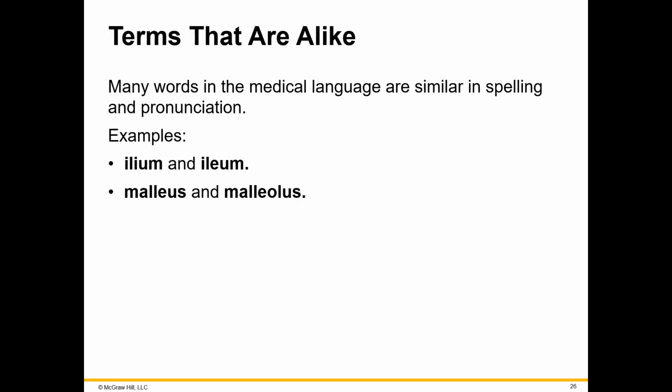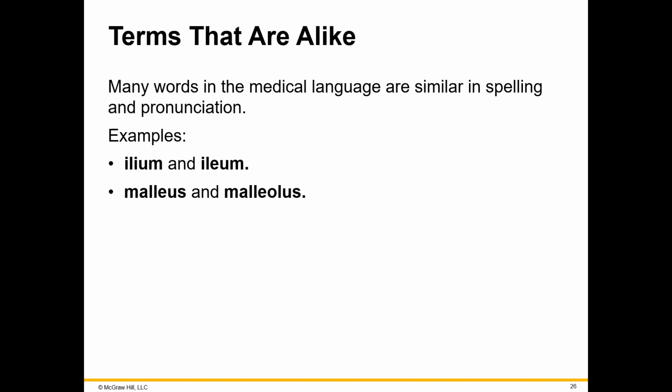There are many words in the medical language that are very similar to each other in both their spelling and pronunciation. Precision in both written and verbal communication with great attention given to detail is essential for a health professional. Examples here would be ilium with an I and ileum with an E. Ilium with an I is a bone in the pelvis, whereas ileum with an E is a segment of the small intestine.